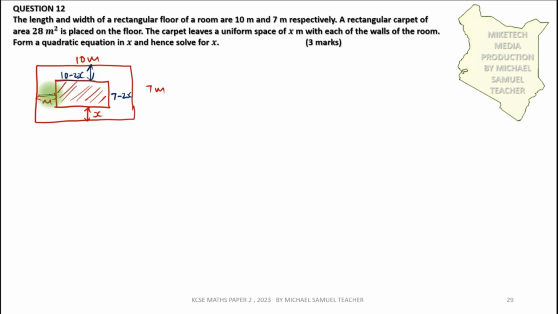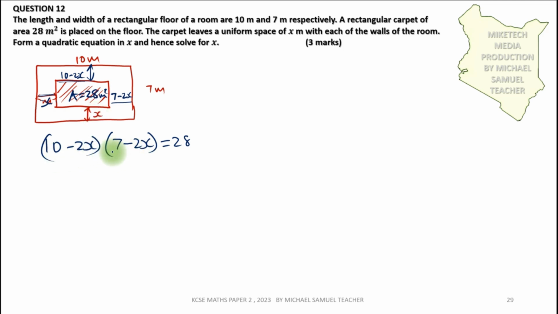We subtract this length x and this x. Now, the area is 28 meters squared. Therefore, the length, which is 10 minus 2x, we multiply by the width, which is 7 minus 2x, and we shall get 28, which is the area of the carpet.